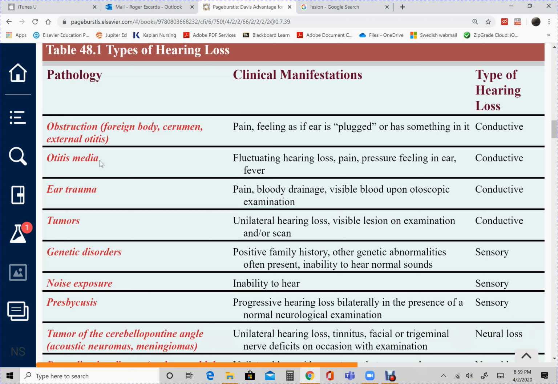So in a way it will also cause mechanical obstruction into the ear canal. Same thing with ear trauma, because that will cause inflammation and swelling, and tumors will physically cause an obstruction.